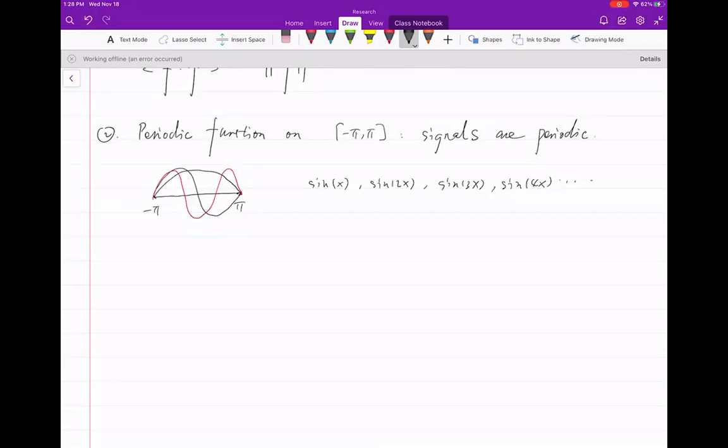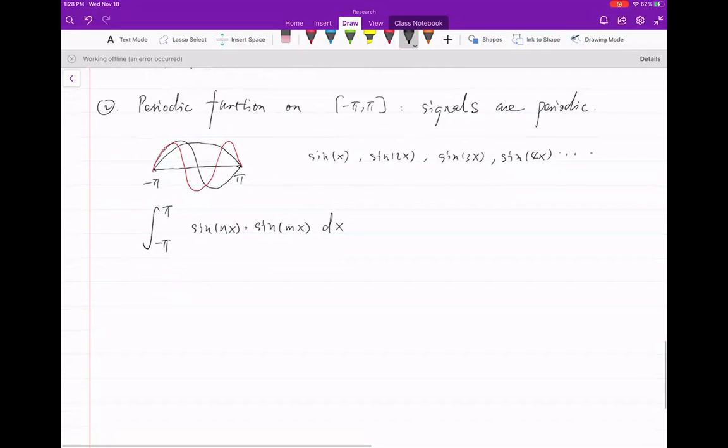Now let's take a simple correlation test between them. What is the integral from negative pi to pi of sin(nx) times sin(mx) dx? Because we want to see if I have a signal and I interfere it with a different signal, do they stay separate or do they start to actually have correlations?